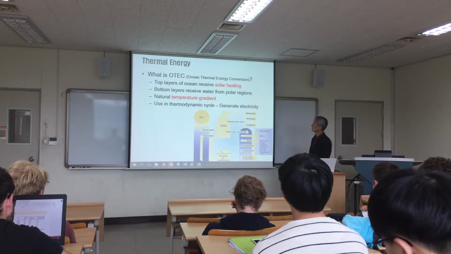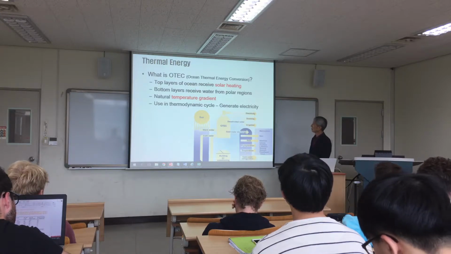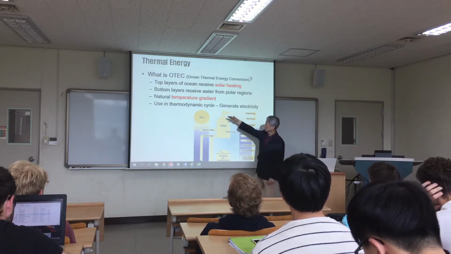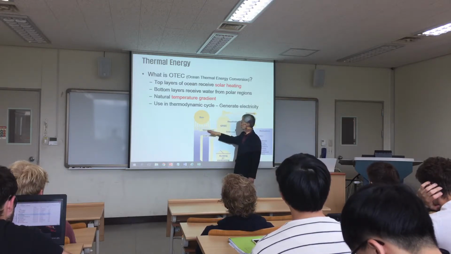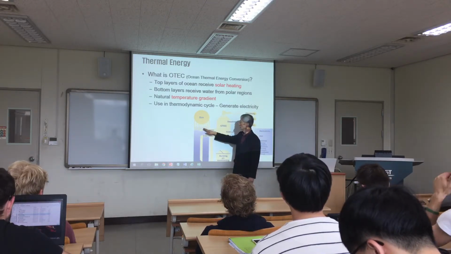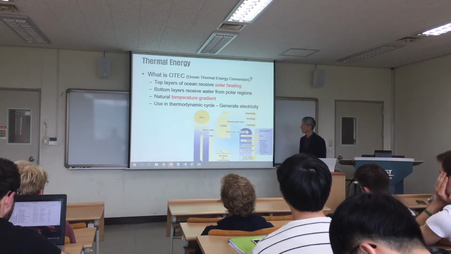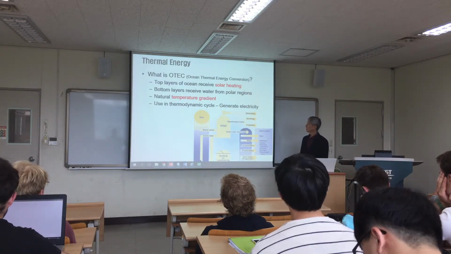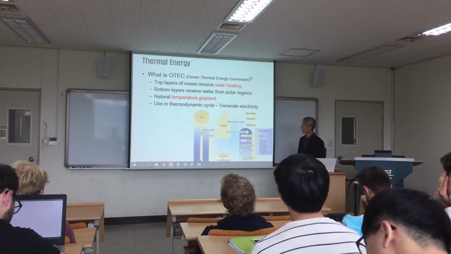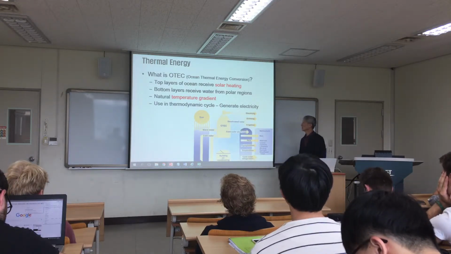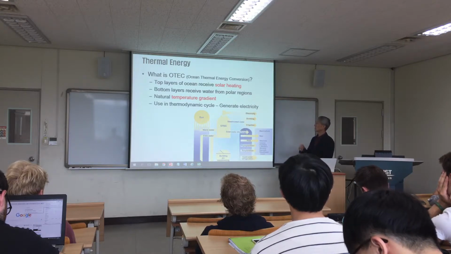So, ocean thermal energy conversion. The top layers of the ocean have solar heating, so the sun gives you warm water, especially near the equator line. The water is around 25 centigrade. And cold water is coming from the deep ocean at around 5 degrees. So the temperature difference is around 20.